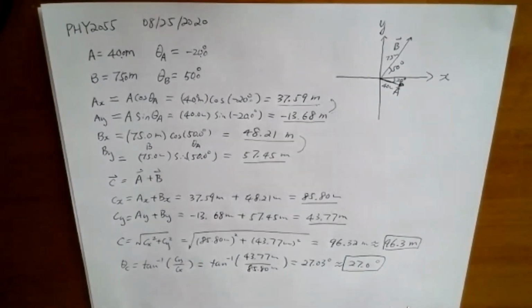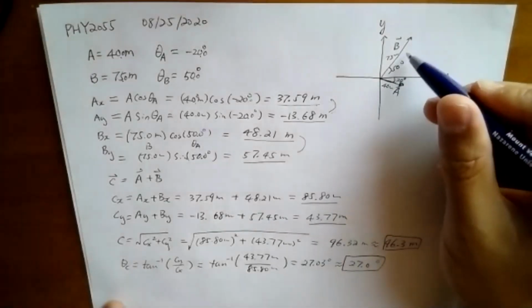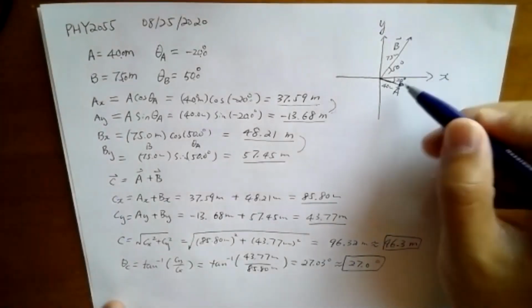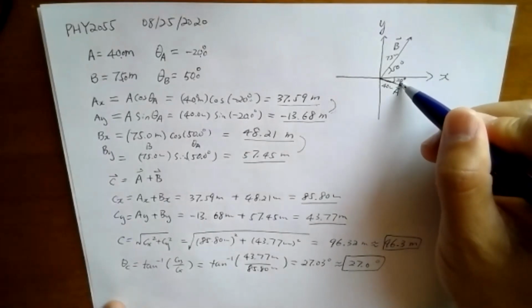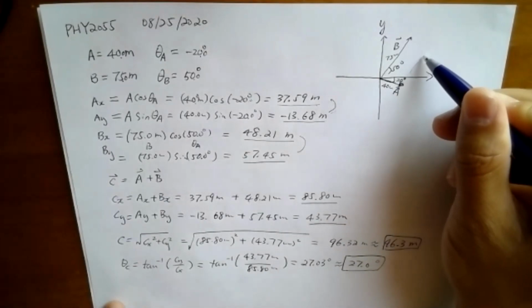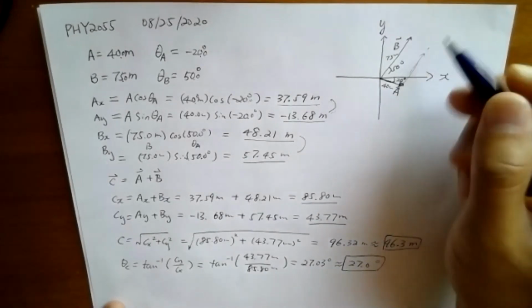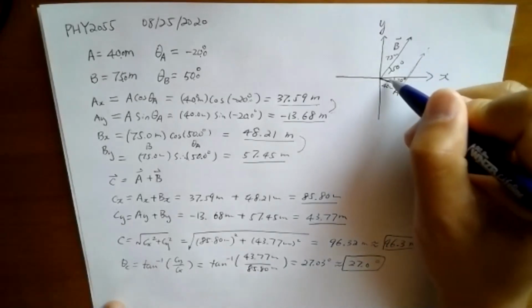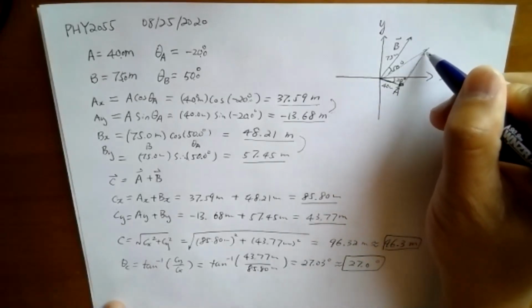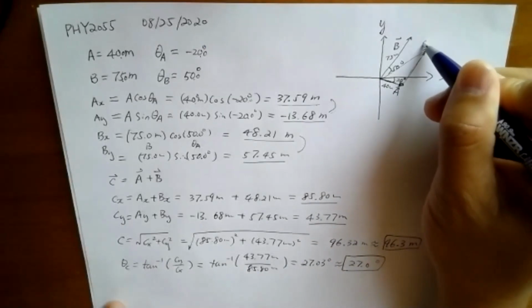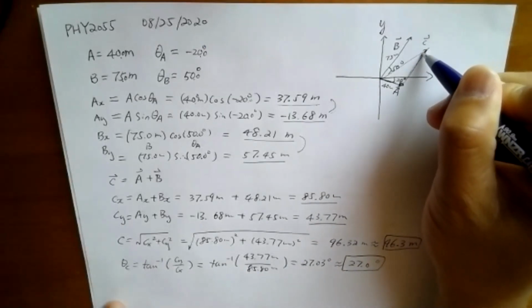On the graph here, you can do it this way. If you are doing A plus B, you can move B parallel over here, so it will be something like this. This would be the B vector, then your resultant vector will be in that way. So C vector in that sense.